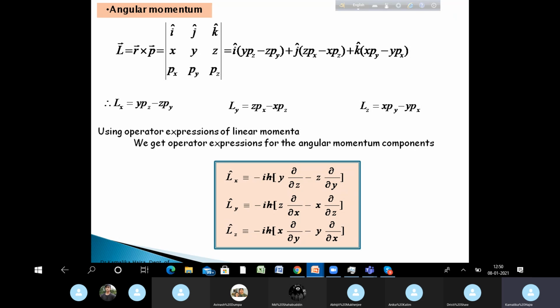So we have the three angular momentum operators Lx, Ly, and Lz in terms of the linear momentum operators in the three directions x, y, and z. Okay.